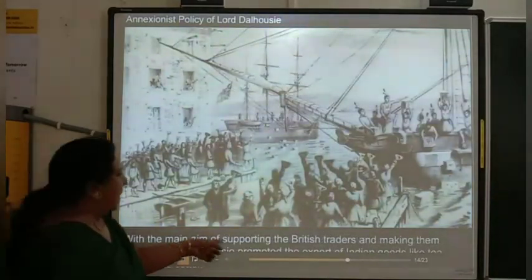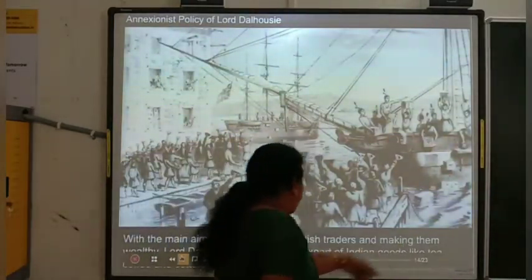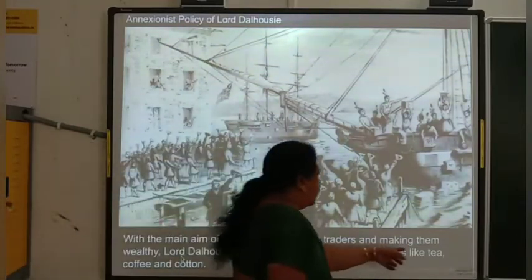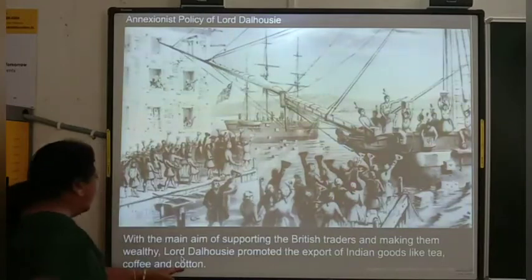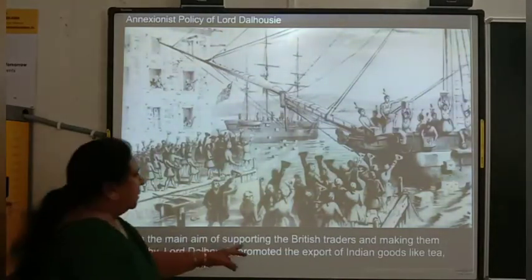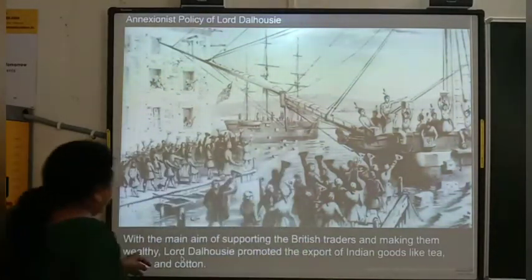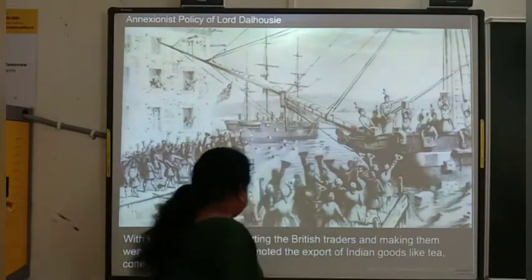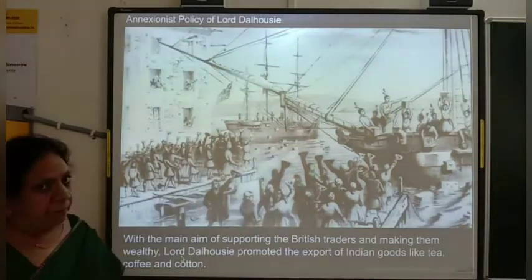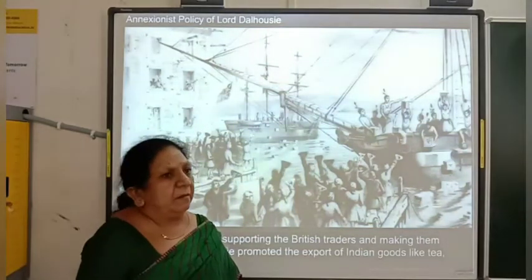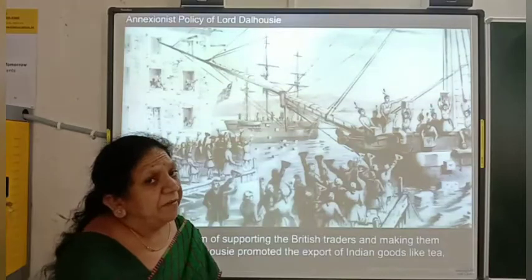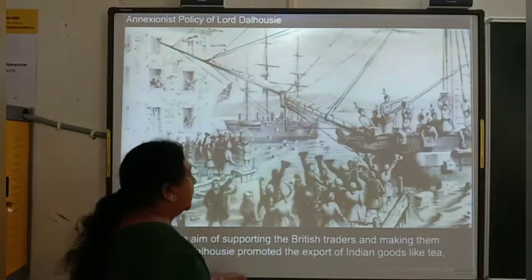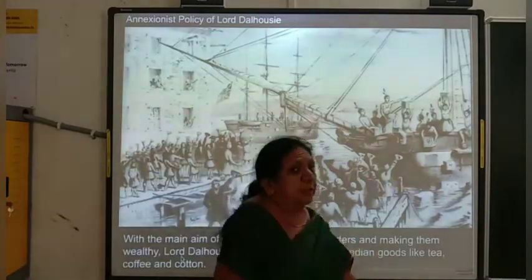Along with the main aim of supporting the British traders and making them wealthy, Lord Dalhousie promoted the export of Indian goods like tea, coffee and cotton. Some of the traders were given a good amount of money, and they made the export of Indian goods.